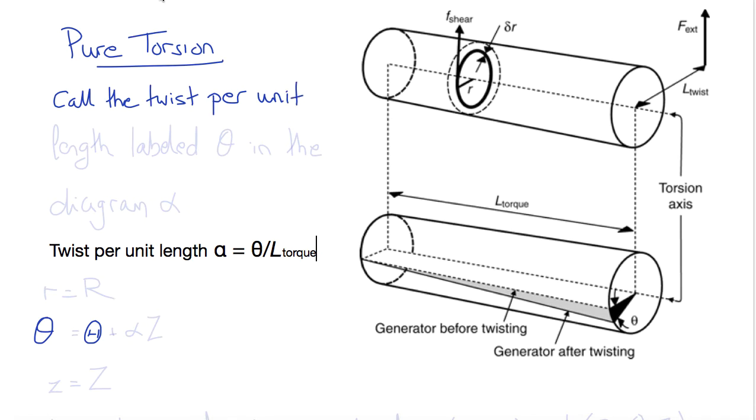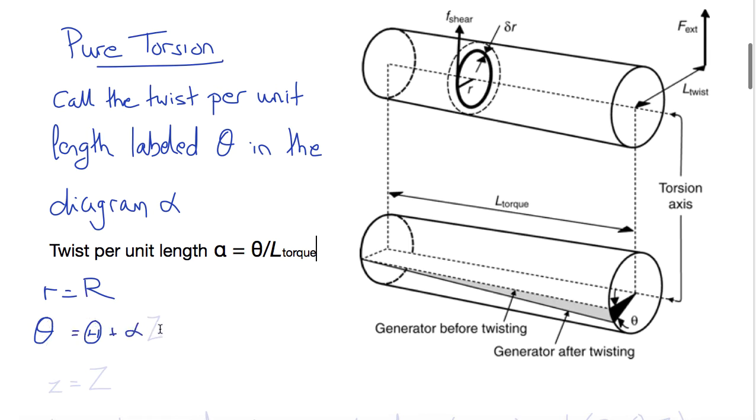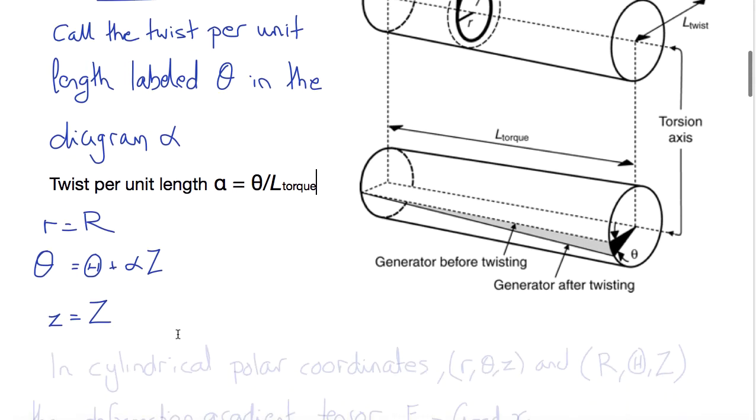So calling the twist per unit length alpha and writing the displacements in polar coordinates, then the deformed radius will just equal the undeformed radius. Deformed theta will equal undeformed theta plus an increment proportional to the z coordinate times the constant alpha, and then deformed z will equal undeformed z.